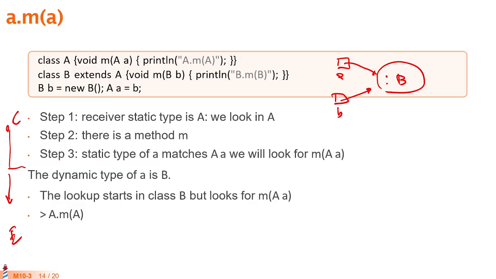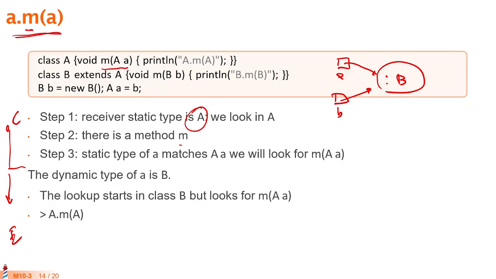So, the first thing that the compiler will do when it tries to compile this expression is ask: which is the static type of the variable A? In this case, it is the class A. So everything that we look at is from the class A and its superclasses, never the subclasses. Then we are sending the message named M, so we are looking for the message M in the class A. We have found one.